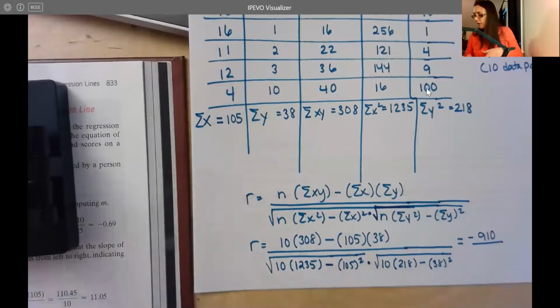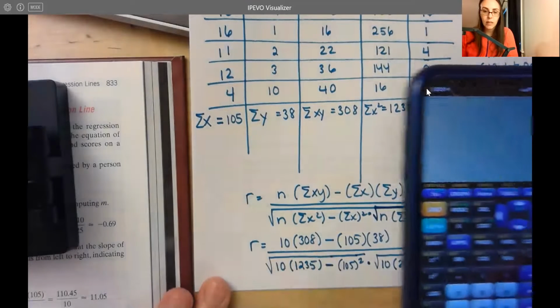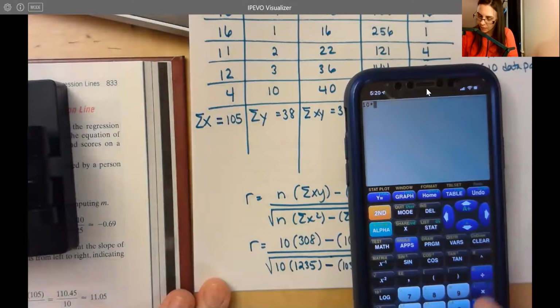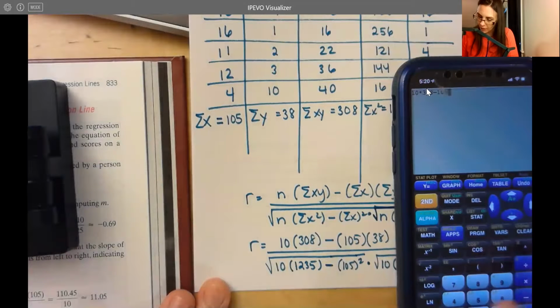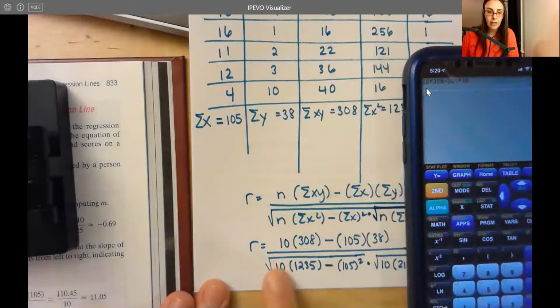Now, in my denominator for the next group, let me show you this one for a second. Again, for my numerator, I just did 10 times 308 minus 105 times 38. And I got that negative 910. Now for my denominator, I'm going to just break it into parts here.